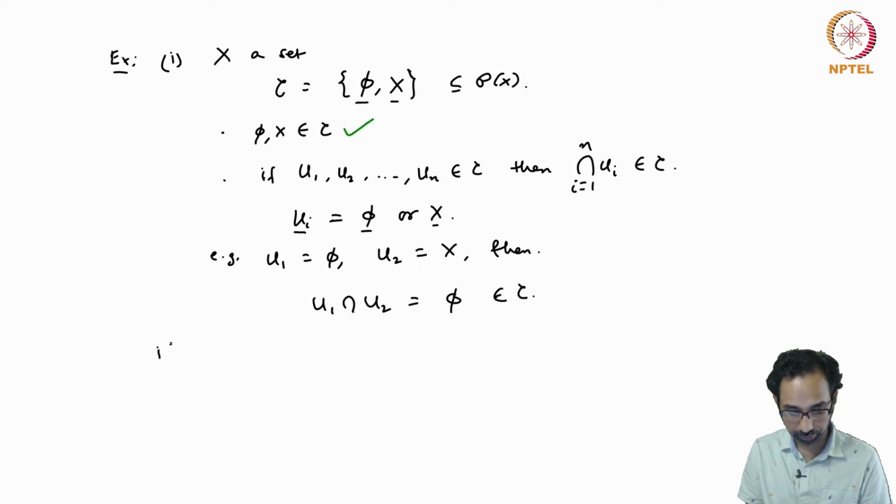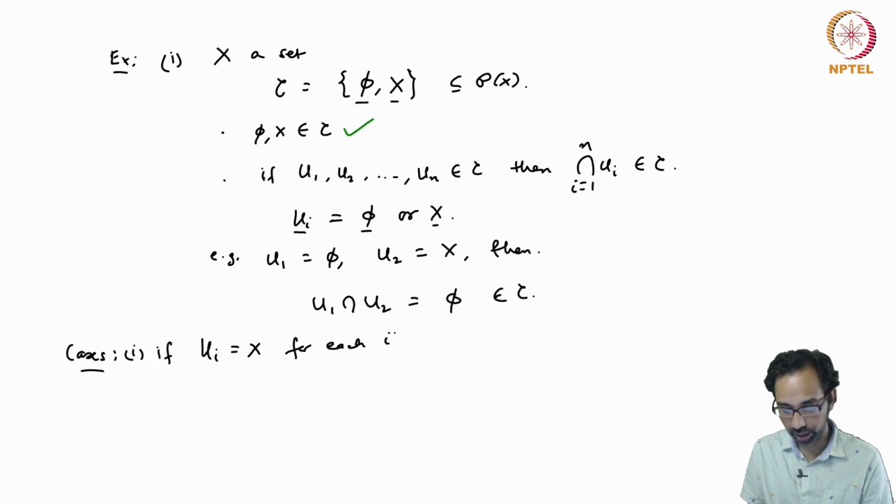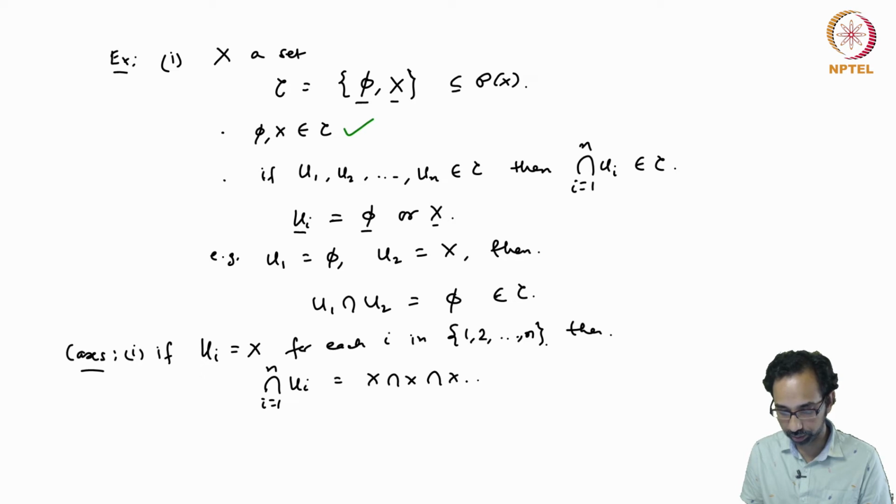X. So let us divide it into various cases. The first case is that ui equals X for each i from 1 up to n. Then the intersection of all these, i equal to 1 to n, is just X intersection X intersection X, n times.